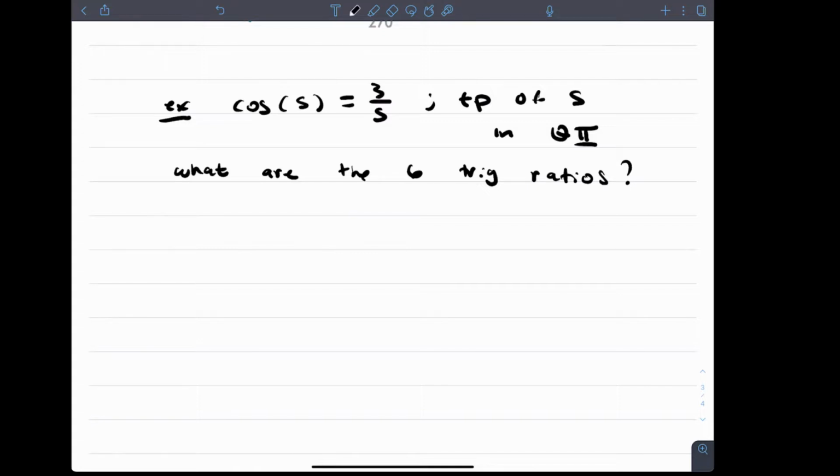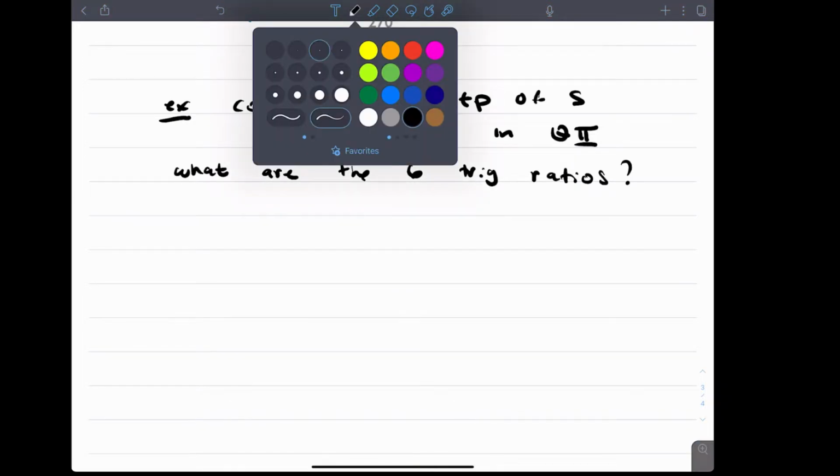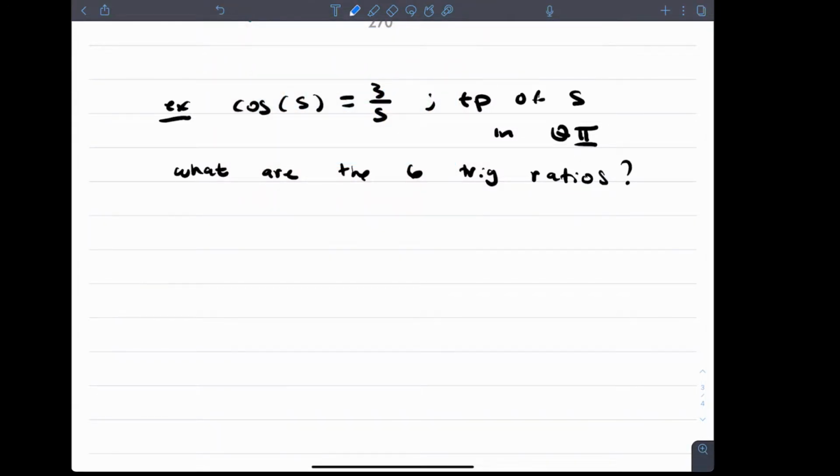All right, you guys see what I'm saying? So we're going to look at how to use this here. What do you think we should start with? Pythagorean identity.